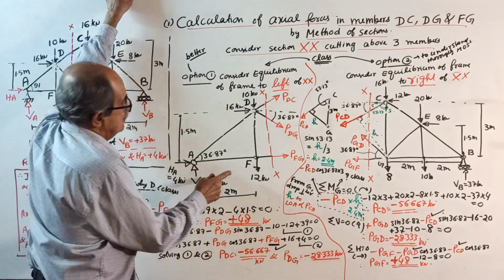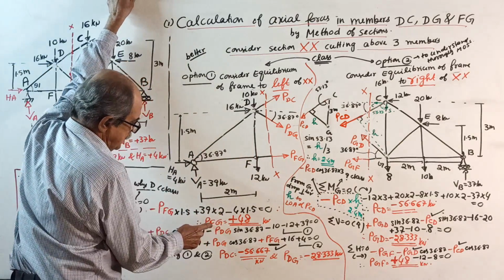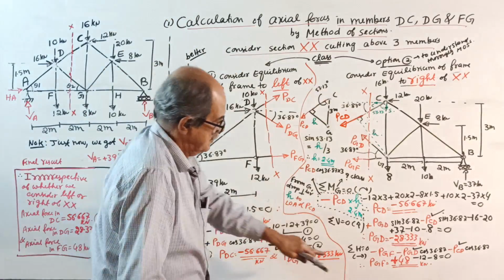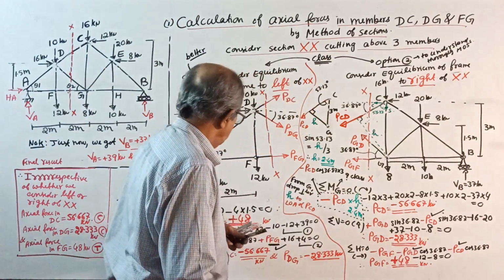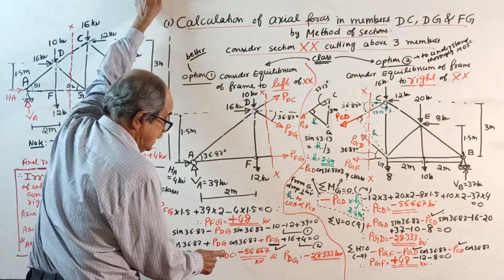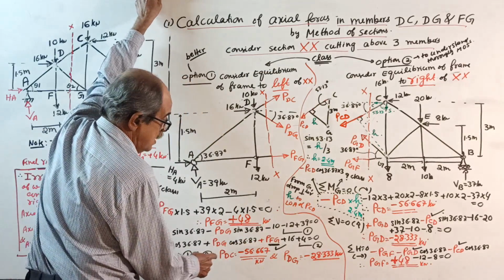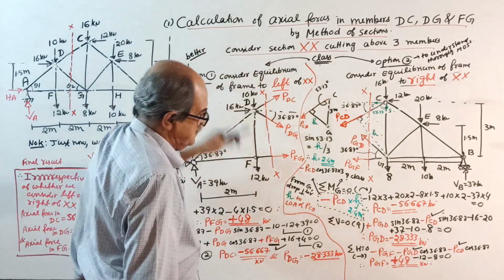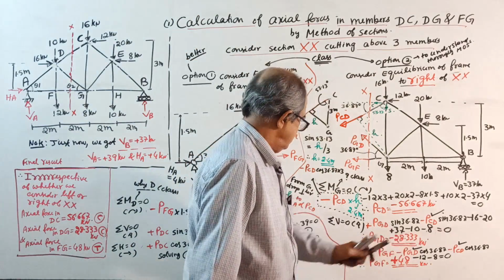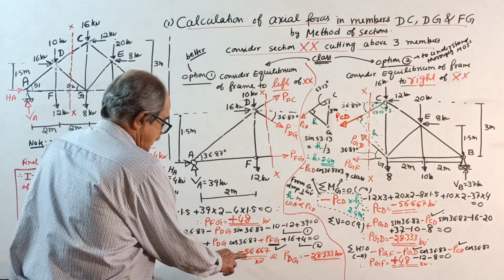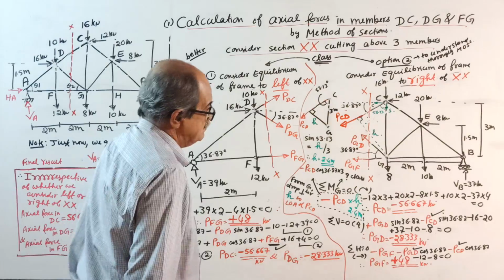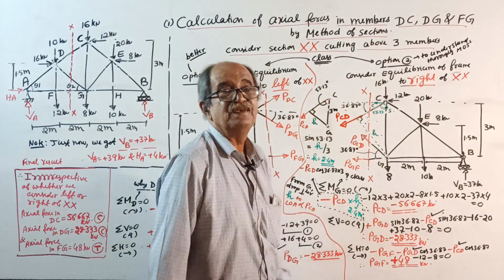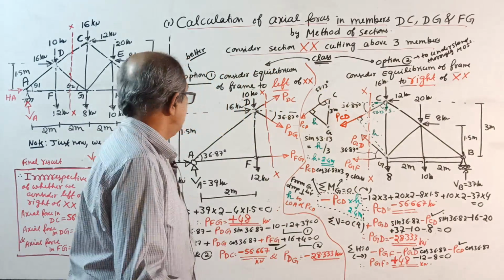Solution 1 or option 1, PFG plus 48. PDG minus 28.33. PDC minus 56.667.